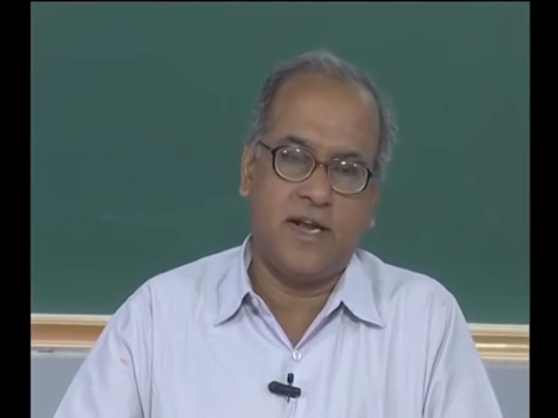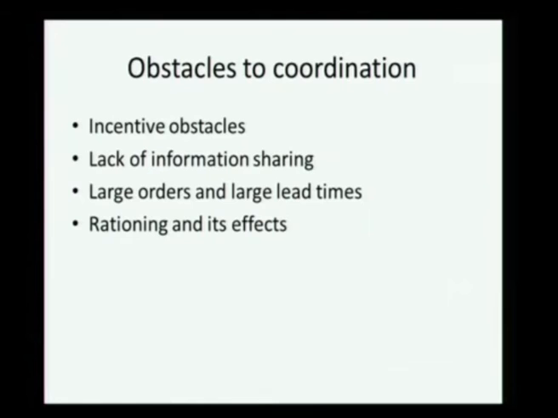Today organizations do not hesitate to share a lot of data, and the means of sharing the data, which is through IT, has also advanced considerably. So there is a lot of data sharing and a lot of joint decision making, which result in increased coordination. But in spite of that, there can be some obstacles to coordination, and organizations have to understand that and make sure that they do not fall into the trap of these obstacles.